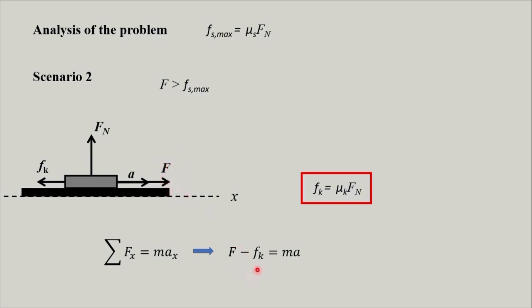Fk is the negative horizontal component of the force of kinetic friction, and A is the x component of acceleration. And from here we can find the acceleration, and this solves the problem for scenario 2.